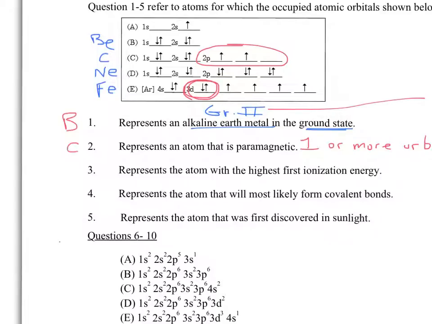Yep. All right, 3 represents an atom with the highest first ionization energy. Now, you guys, I'm just going to be honest with you. Sometimes there are answers to these questions that I just can't quite grasp. The answer to number 3 is A. And here's why I think it's going to be A. It's excited, which means not only is it excited, to be able to remove it, you're going to have to pull it back down to the original and then pull it off.